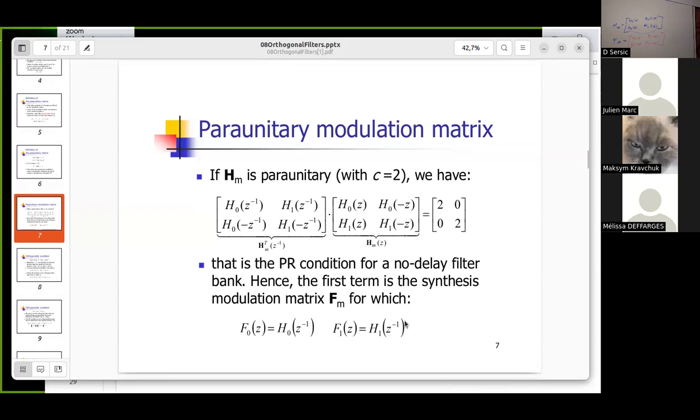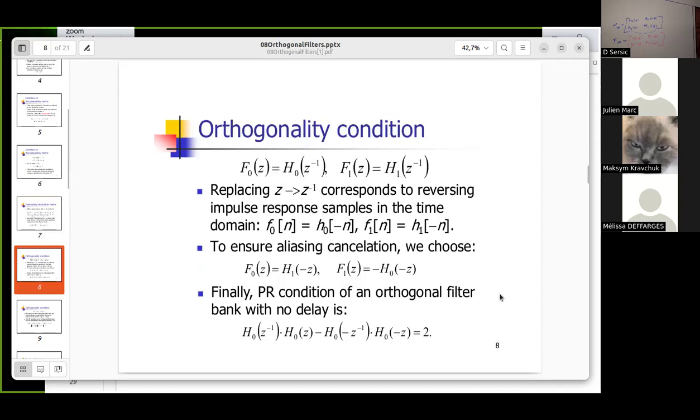The second row does not bring new information. It remains the same. So these are additional conditions that we have to achieve if we want our modulation matrix to be para-unitary, which means that our filter bank preserves the energy. So this is an additional condition, the orthogonality condition.